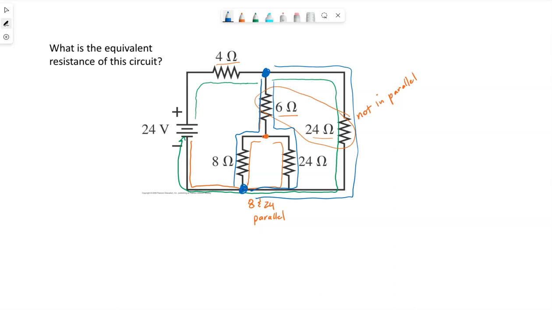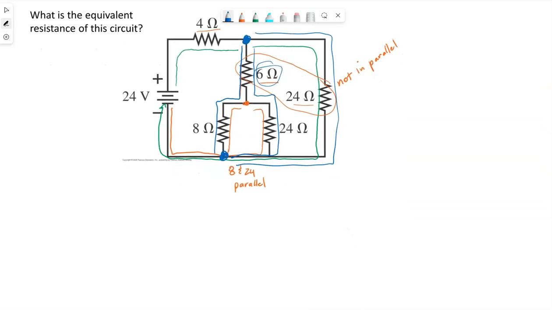Because I can go from the top junction to the bottom junction in 3 ways, I need to combine those ways together. So I want to first, in this one path where I must pass through the 6, I have a choice to travel through the 8 or the 24. And so I want to add those first.